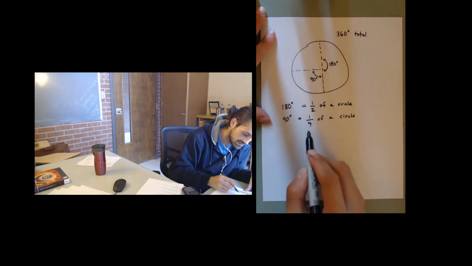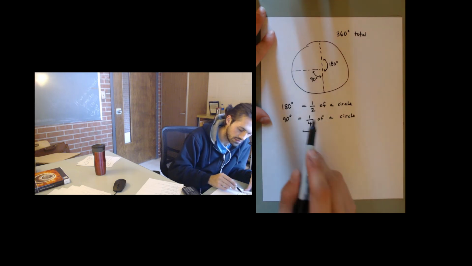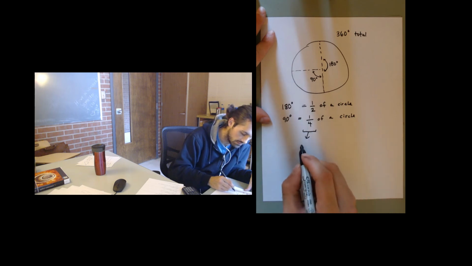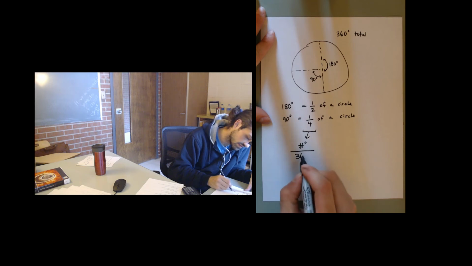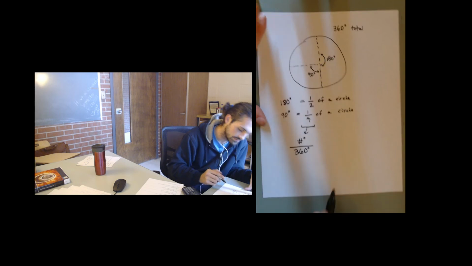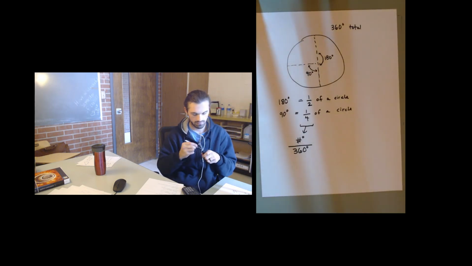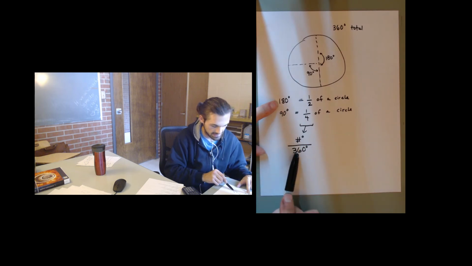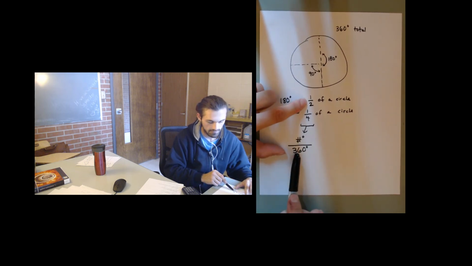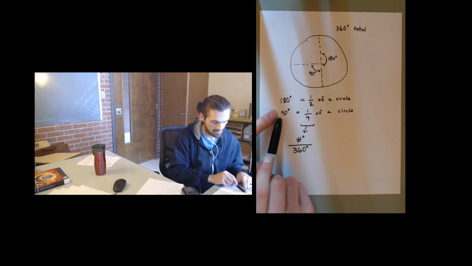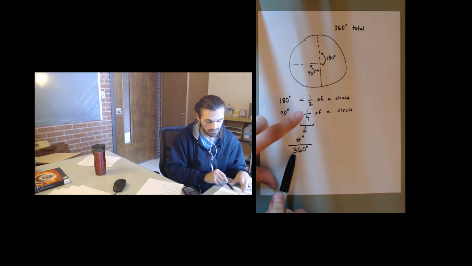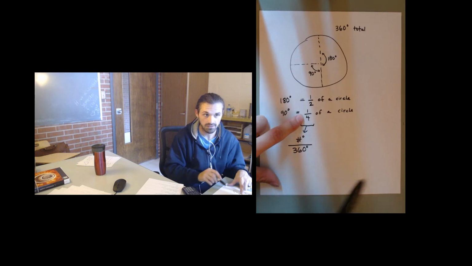So recognize that this fraction over here, the blank of a circle, well, that's really coming from the number of degrees divided by 360 degrees. So 180 degrees divided by 360 degrees gives you a half. So it'd be half of the circle. If you take 90 degrees and you divide it by 360 degrees, you'd get 0.25 or 1/4 of the circle.